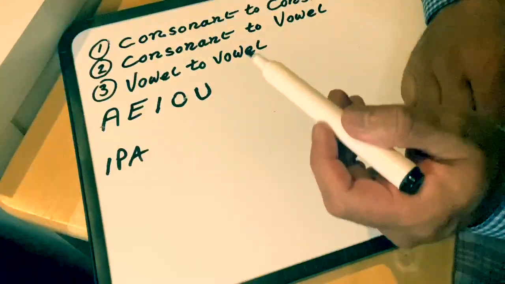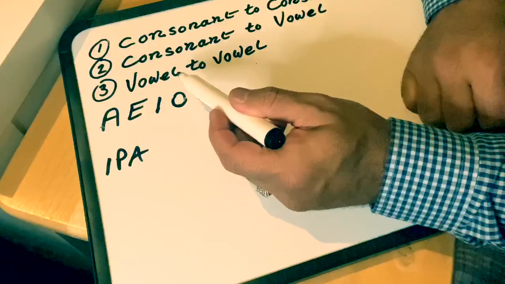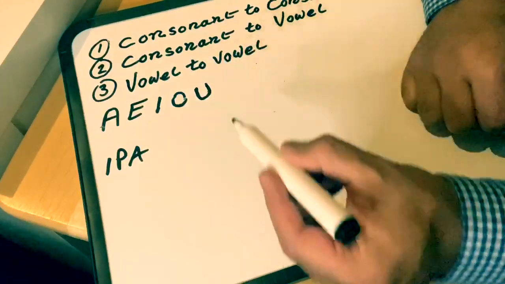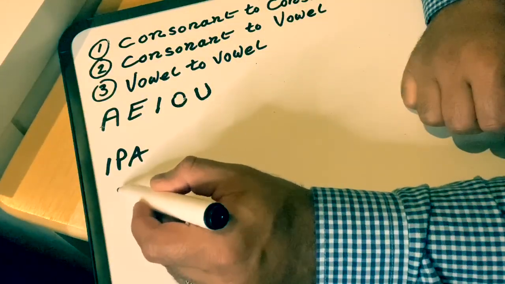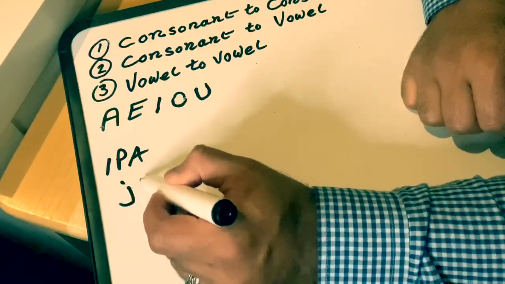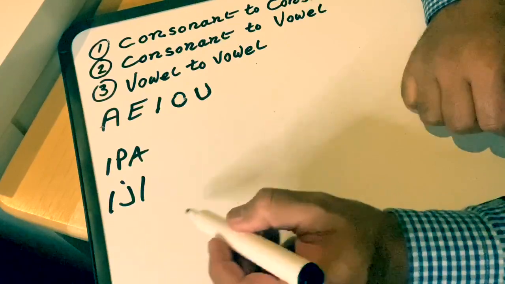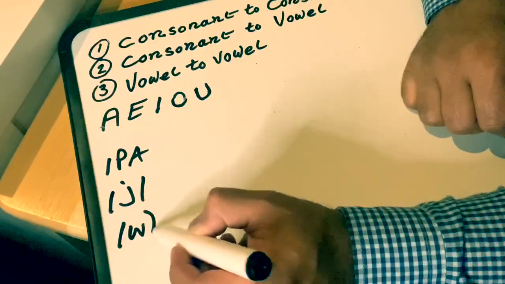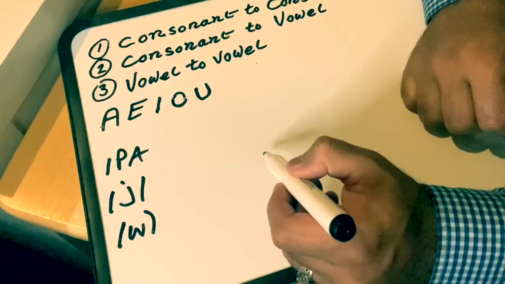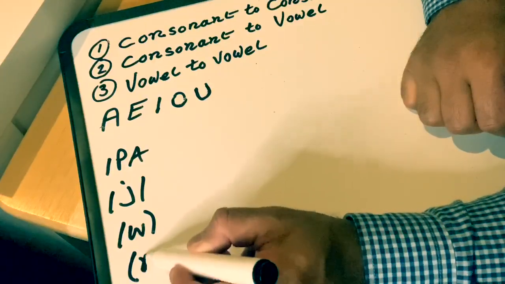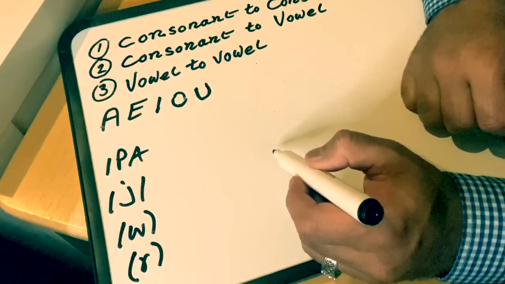So the 3 sounds we need to connect vowel to vowel are: one of them is the ya sound, ya, the other one is the wa sound, wa, and the other one is the ra sound, ra.